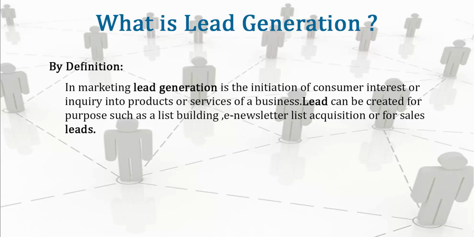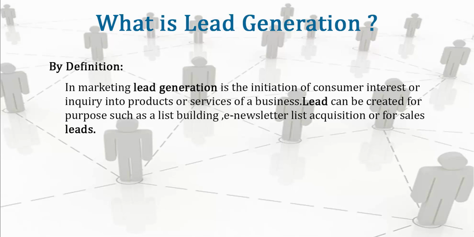So when a consumer or a potential buyer who is going to buy our products is going forward and initiating some interest or some inquiry about your product or service, like we had seen the inquiry of free admission to the gymnasium in the previous example.